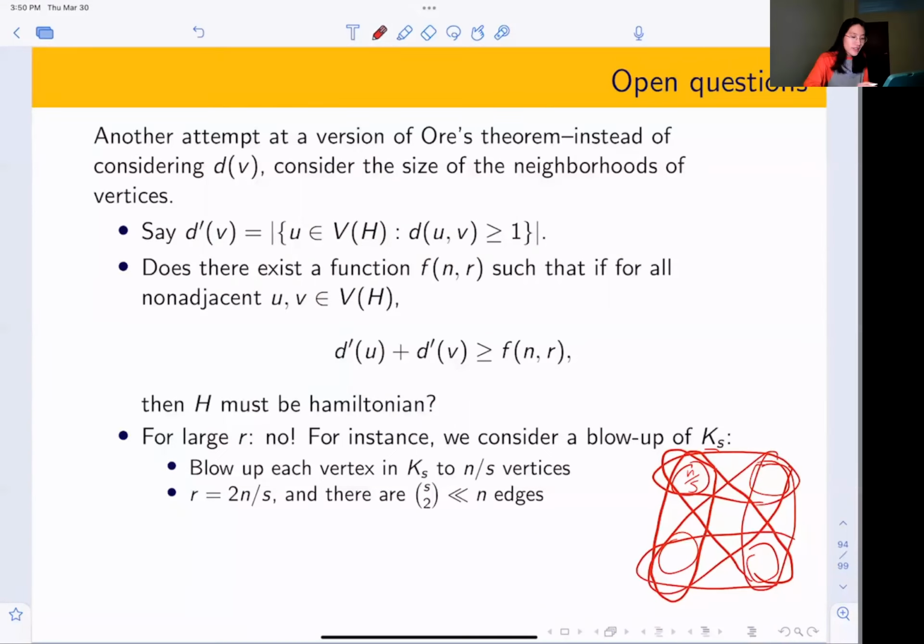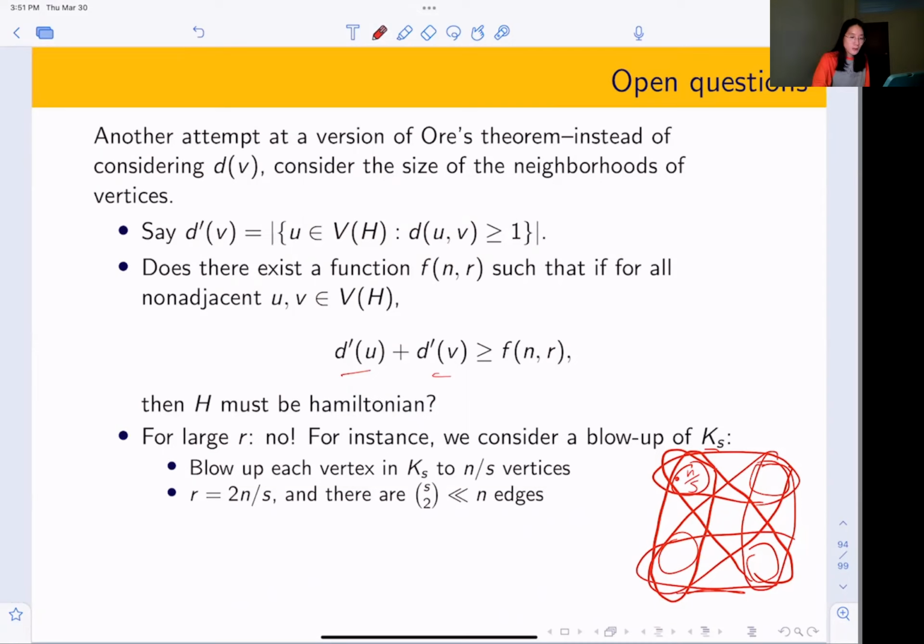So here I have only s choose 2 edges, where if s is small compared to n, then this is certainly not going to be enough to form a Hamiltonian Berge cycle. But if I'm just checking the neighborhoods of each vertex, actually every vertex is adjacent to every other vertex in a sense. So this is maximized as much as it can be, but I still cannot find a Hamiltonian Berge cycle.